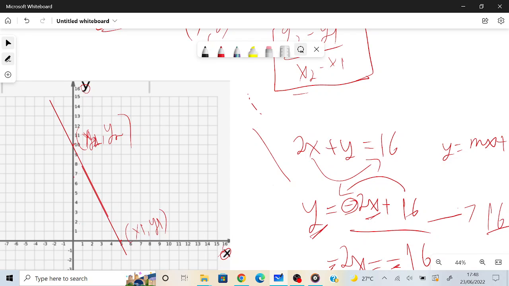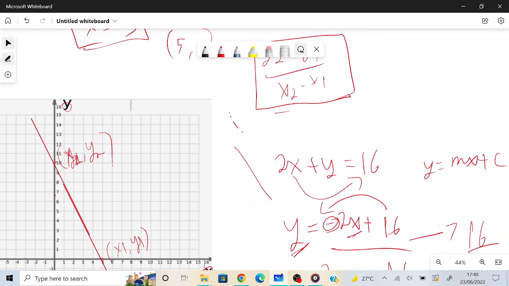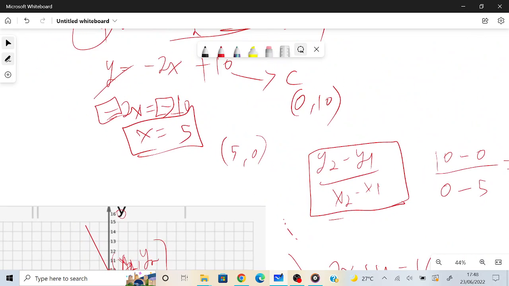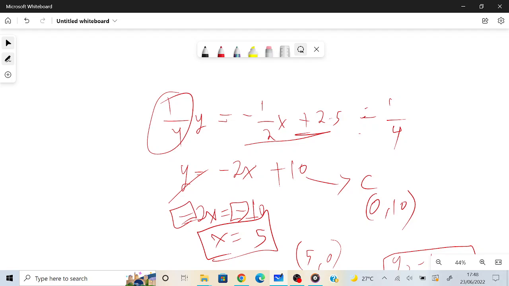So y2 minus y1, that is 10 minus 0, all over x2 minus x1, which is 0 minus 5. This is 10 divided by minus 5, which is minus 2. That's your gradient, and I'm pretty sure that was the gradient in our original equation, minus 2x.